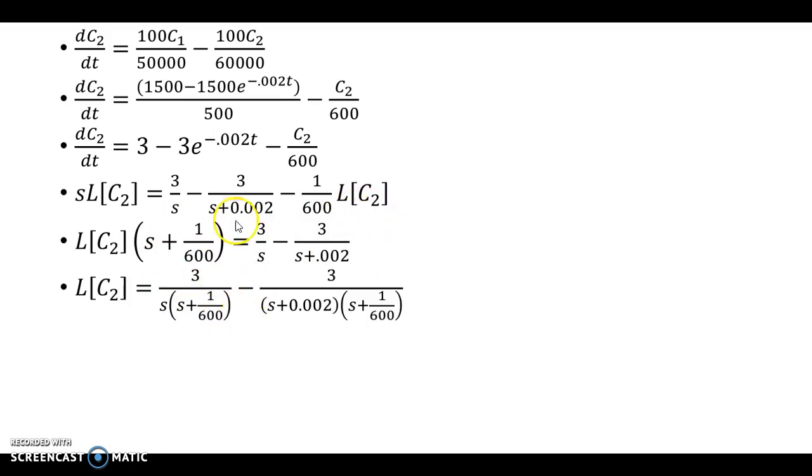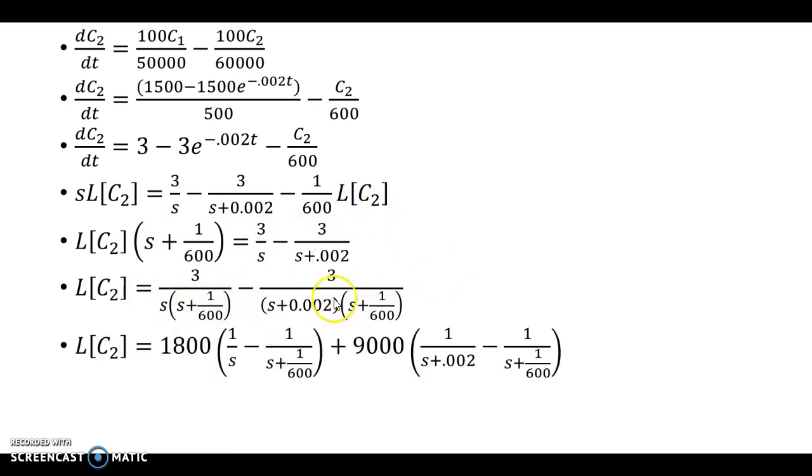And of course, now I have two situations where I need to do partial fraction decomposition. So the first part decomposes into 3 times 1 over 1/600, which if you do the math, 3 times 600 is 1800, times 1 over s minus 1 over s plus 1/600.